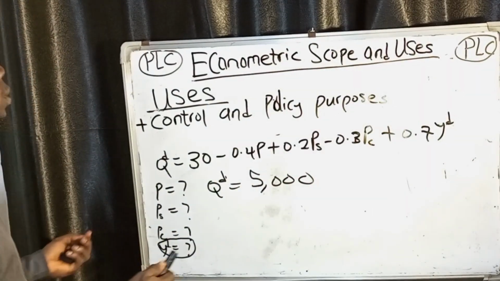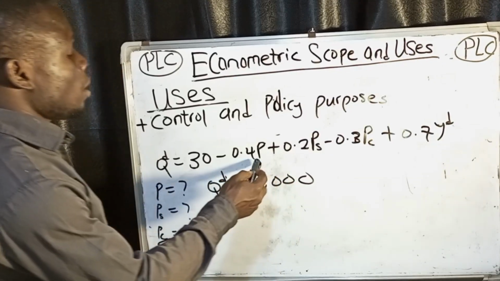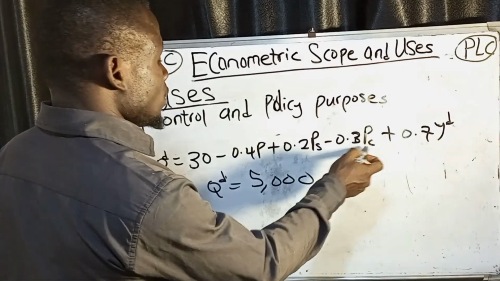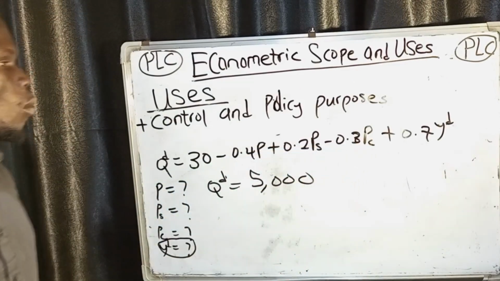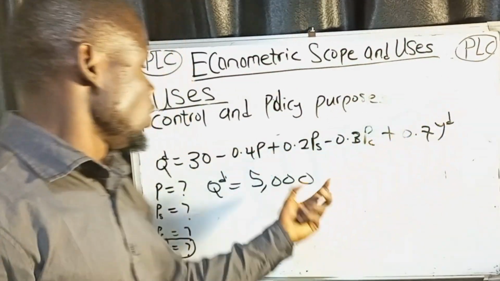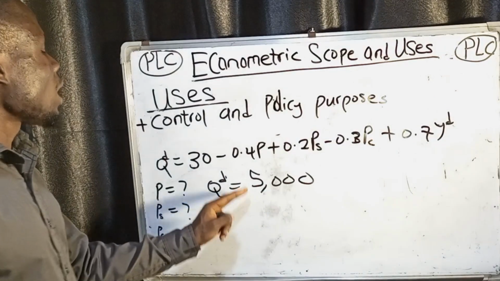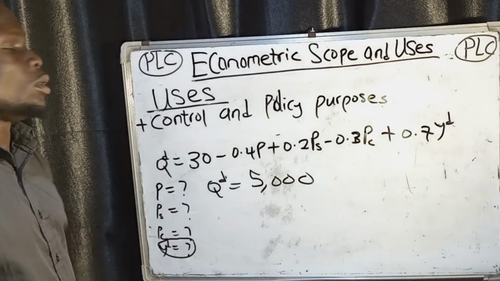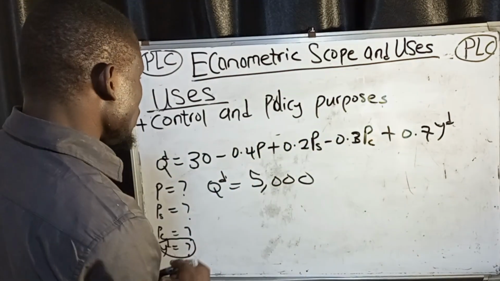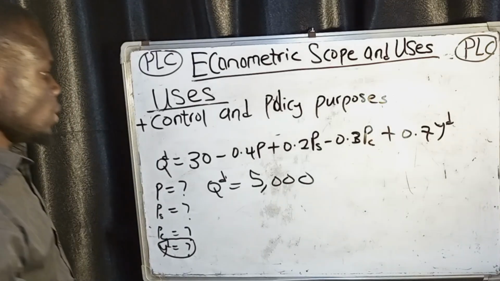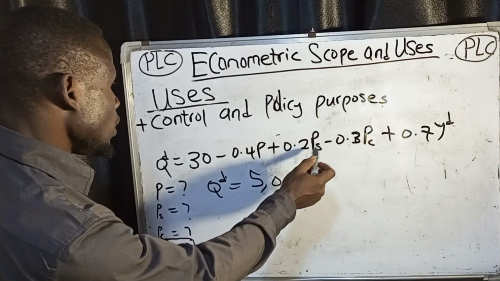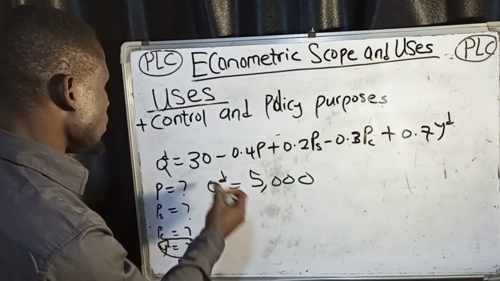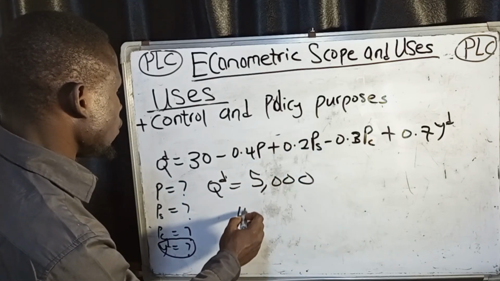So let's say we are working with the same thing, and we have our price as 10, our price of substitute as 10, price of complement as 10. Now what level of disposable income do we need to make our quantity demanded 5,000? If you substitute 10 into this, we have 40, 50, 50, 40. We have 40.